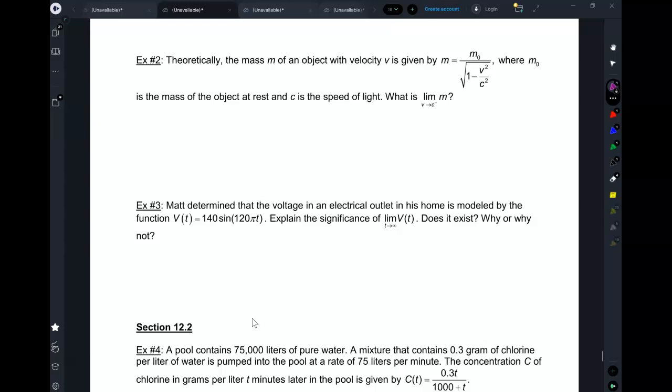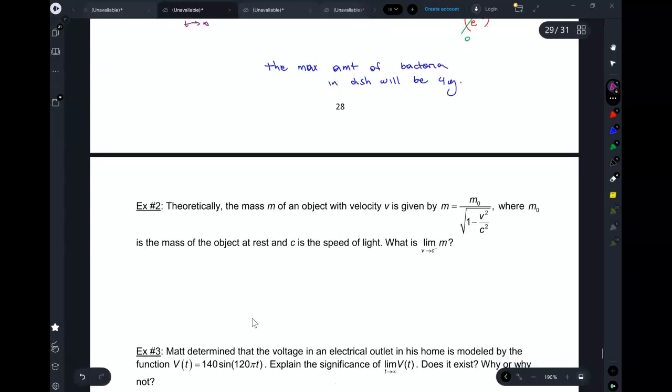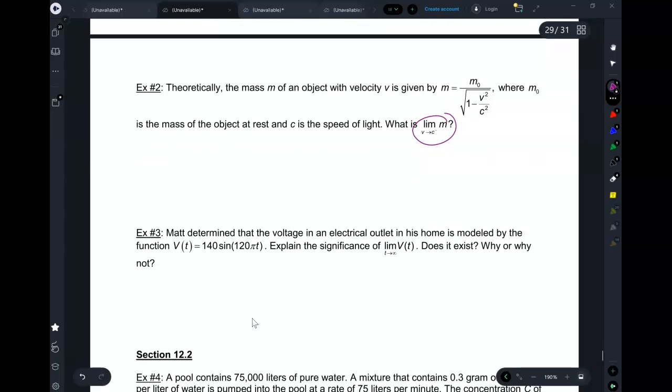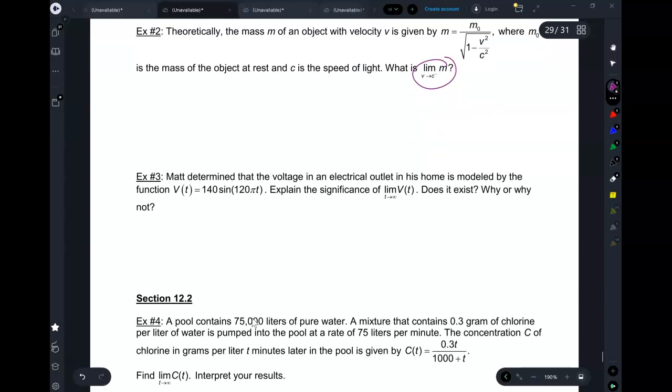So what is the limit of m as v approaches c from the negative side? So let's go ahead and do that.